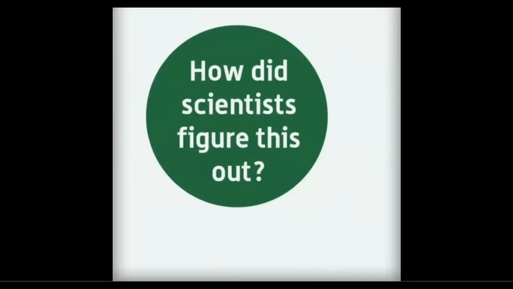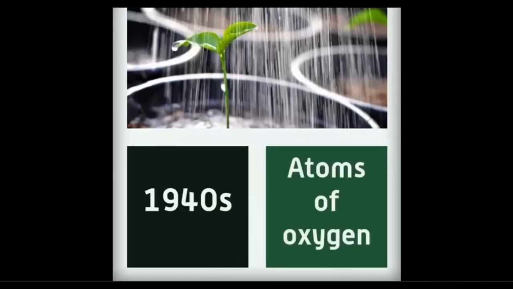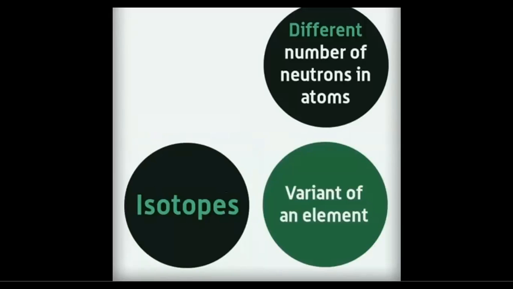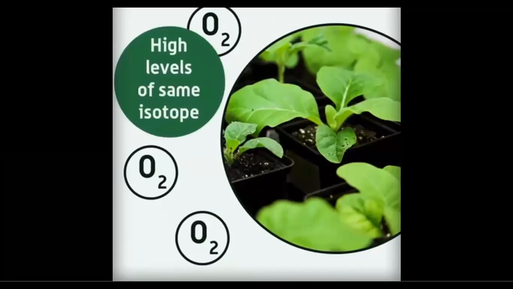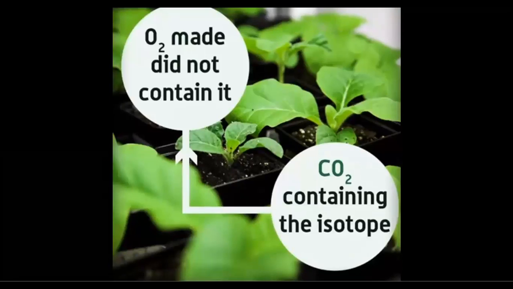How did scientists figure this out? In the early 1940s, an experiment was carried out in which plants were given water containing atoms of oxygen, which were isotopes. Isotopes are variants of an element that contain a different number of neutrons in their atoms. The oxygen in the air surrounding the plants was found to contain high levels of the same isotope. But when the plants were given carbon dioxide containing this isotope, the oxygen made by the plants did not contain it.